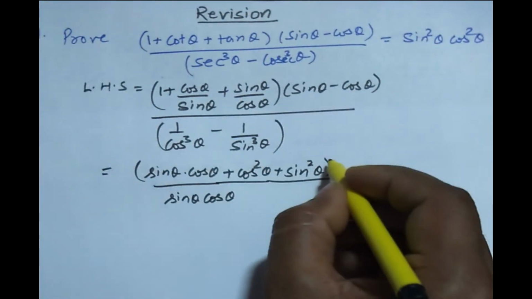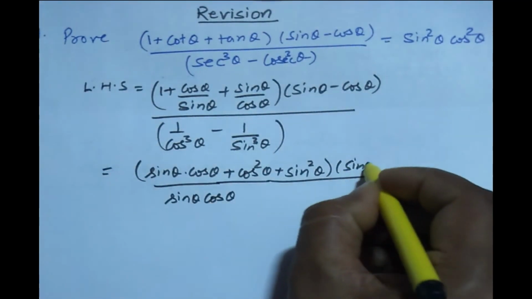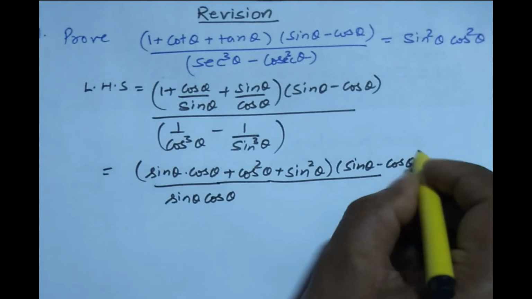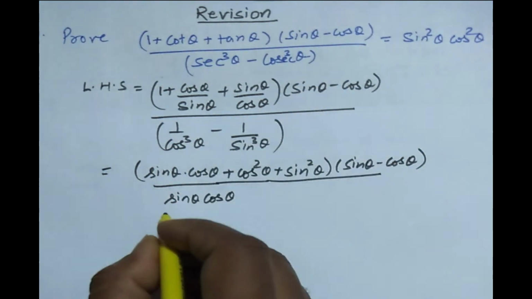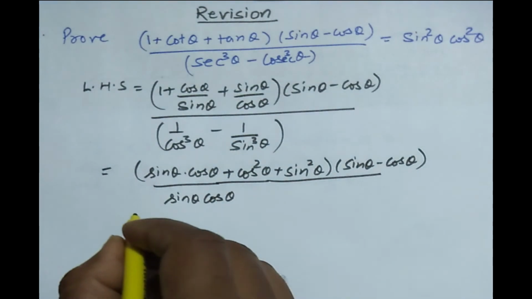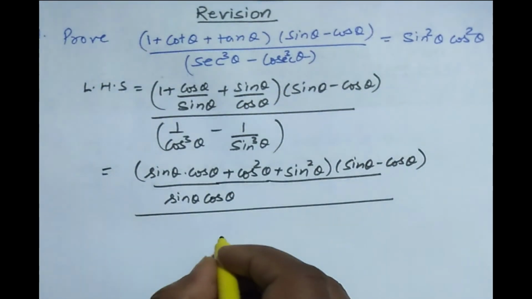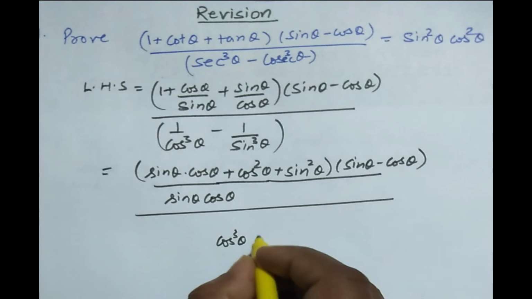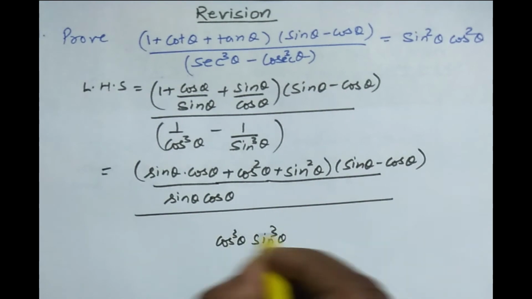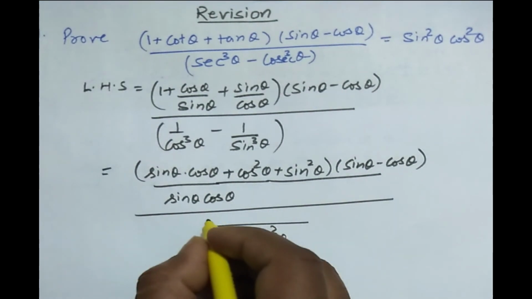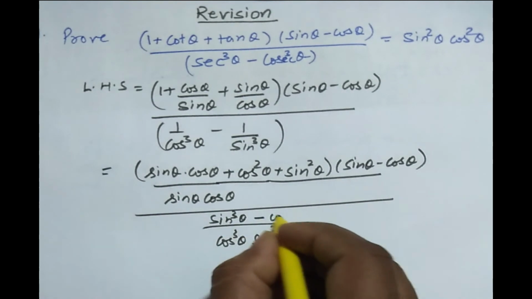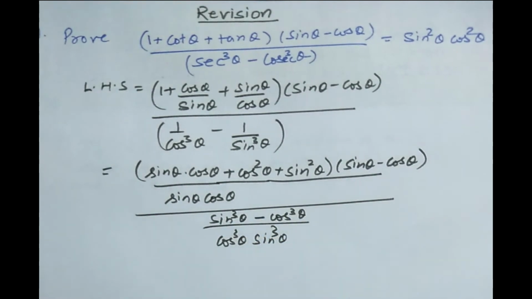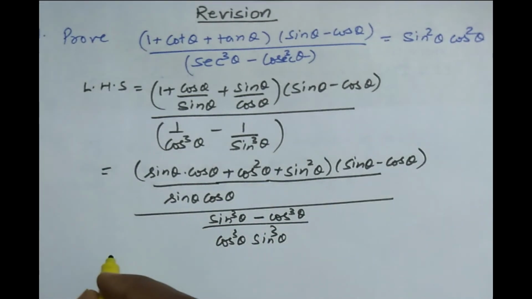You close this bracket, and next one is sine theta minus cos theta. Now in this denominator, you have cos cube theta and sine cube theta, and here it will be sine cube theta minus cos cube theta. So we can simplify this.